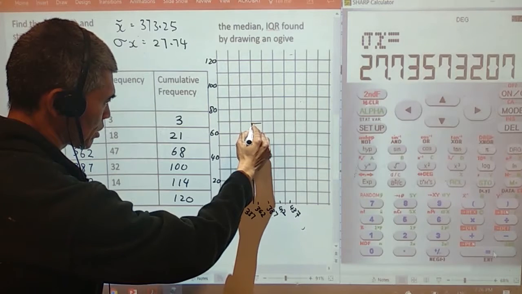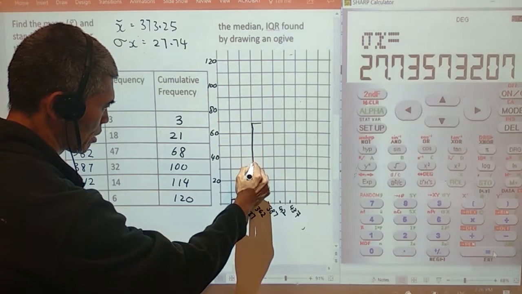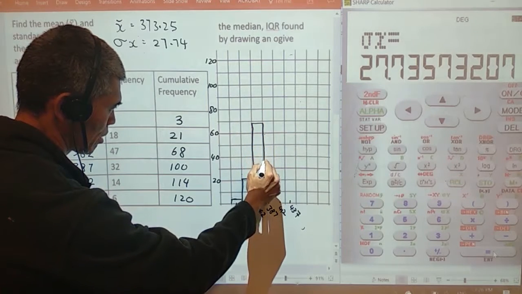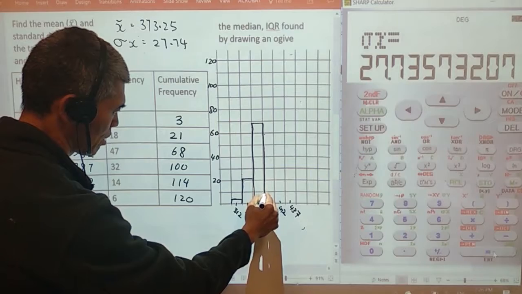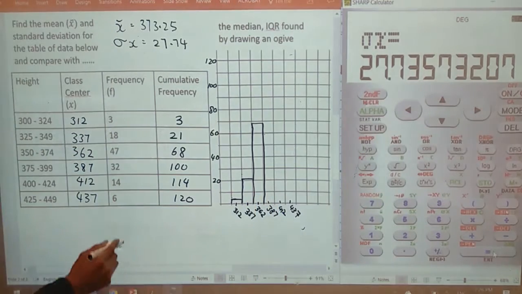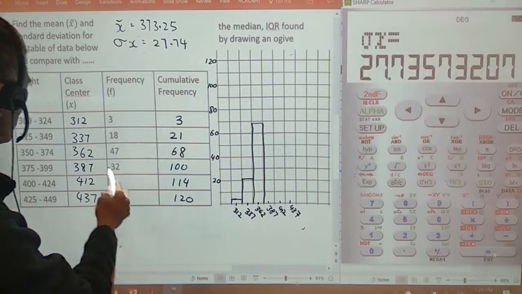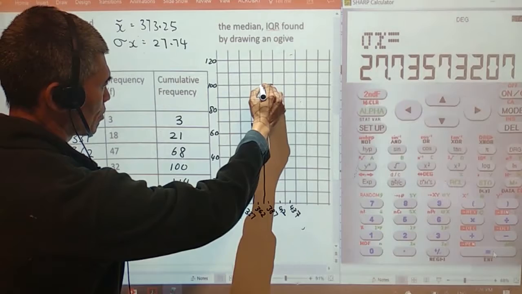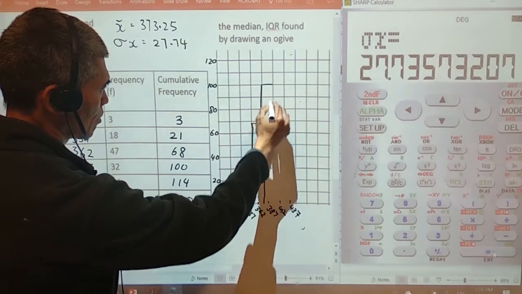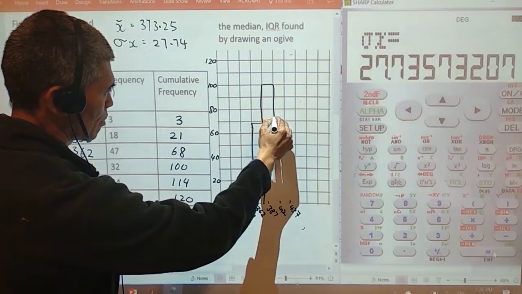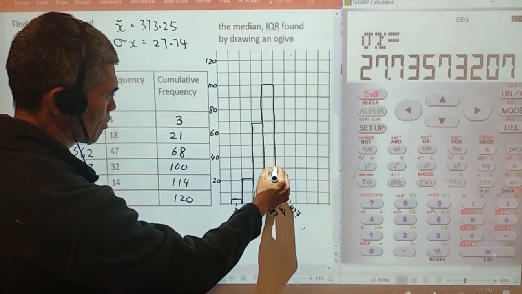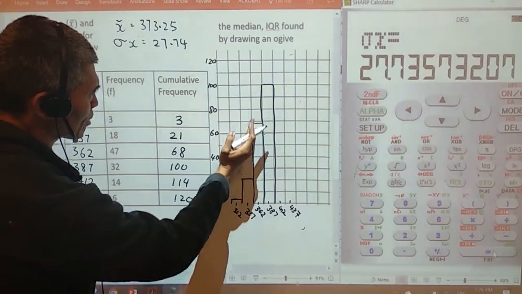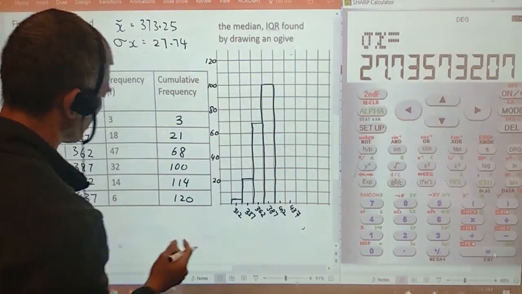All right, next one. 337 is going to match up to 100. So we got 100 here. Okay, notice how quickly it tends to increase and then taper off towards 120.